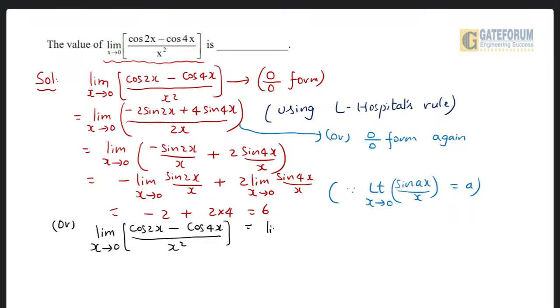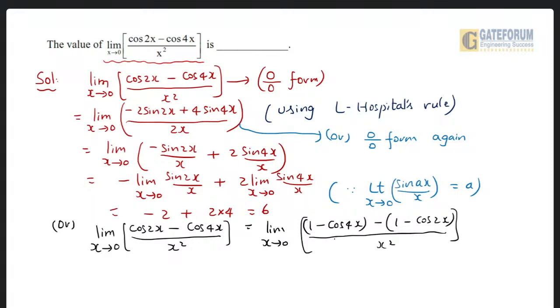This can be written as, for the numerator only I am talking, 1 minus cos 4x. Subtracting 1, you will get minus 1 and plus cos 2x. Take minus common, 1 minus cos 2x. Can I adjust the numerator and write it like this? Plus 1 minus 1 got cancelled, leaving minus cos 4x plus cos 2x.